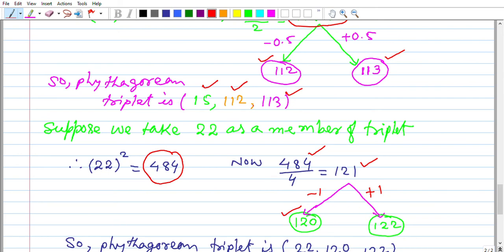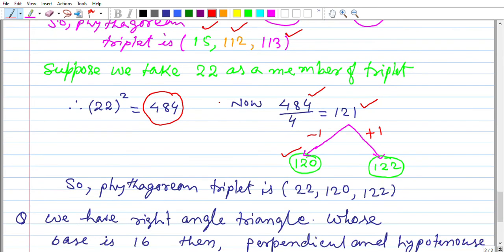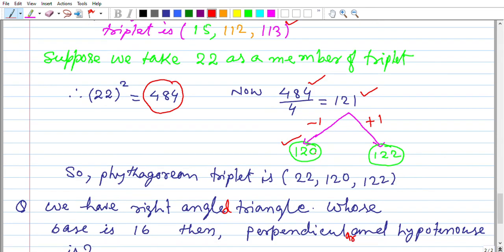And suppose we are doing a geometry question. Suppose we have a right angled triangle whose base is 16, then perpendicular and hypotenuse. Which things do we have to apply? Triplet is important or not?